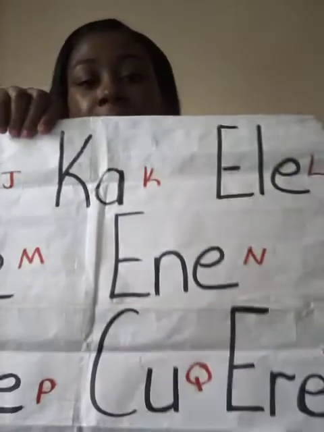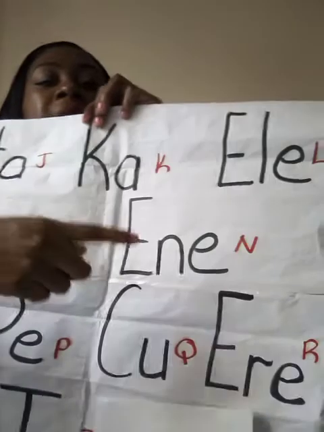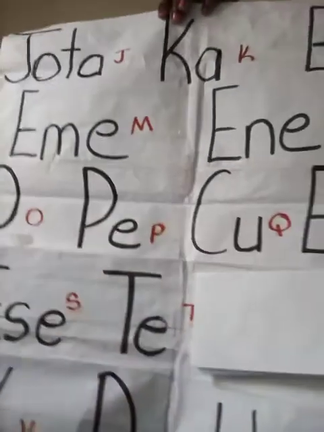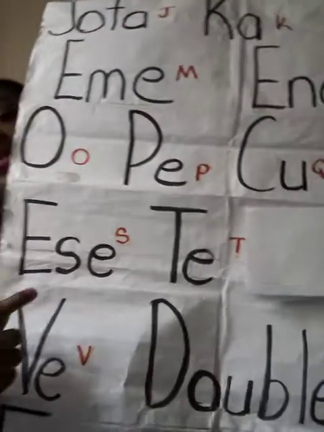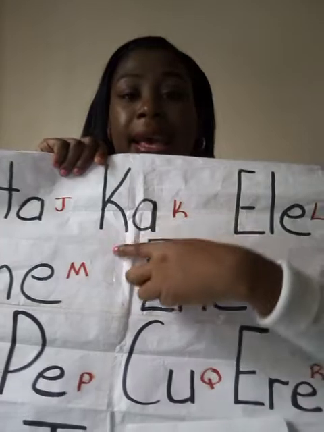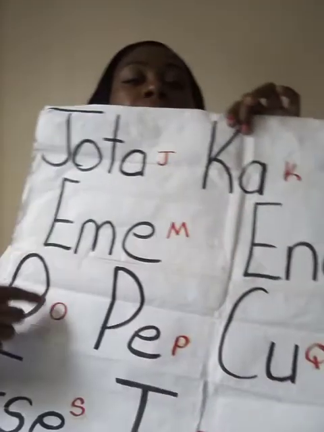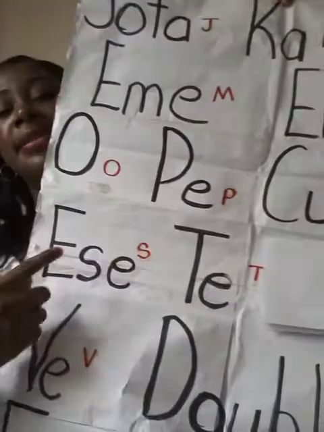K, L, M, N, O, P, Q, R, S, T. So from K it's K, L, M, N, O, P, Q, R, S, T. And remember, we're stopping at T today.